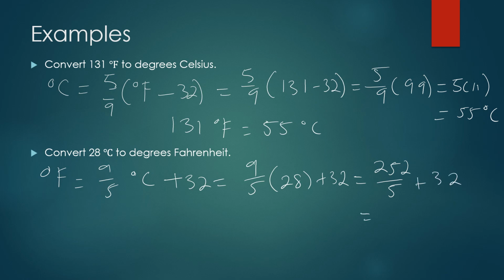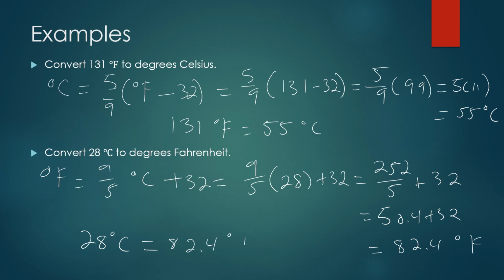This is going to be 50.4 plus 32, which gives us the measurement of 82.4 degrees Fahrenheit. This tells us that the 28 degree measure in Celsius is the same as 82.4 degrees Fahrenheit. All right.